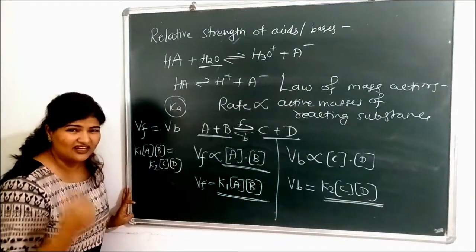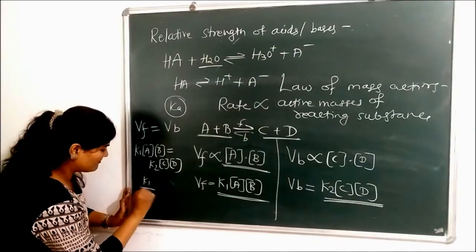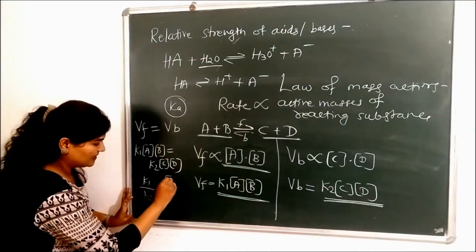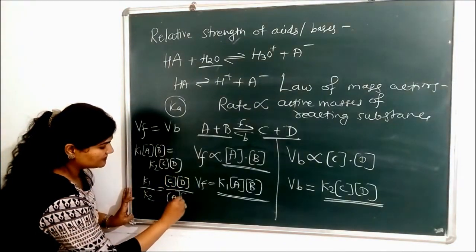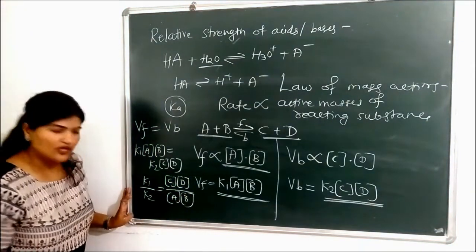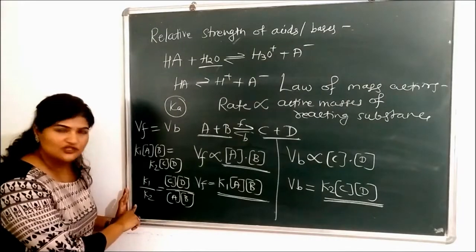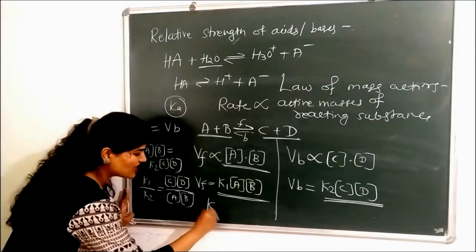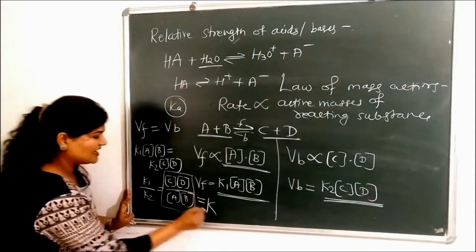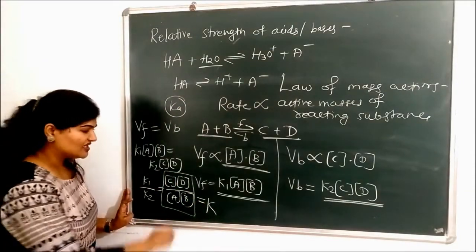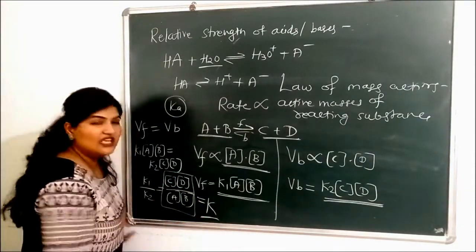Now I'll rearrange it to give K1 upon K2 equal to [C] into [D] upon [A] into [B] concentrations. Both of these are constants, so I can write one constant here, and this equation will be K is equal to this expression, and this constant is the equilibrium constant.